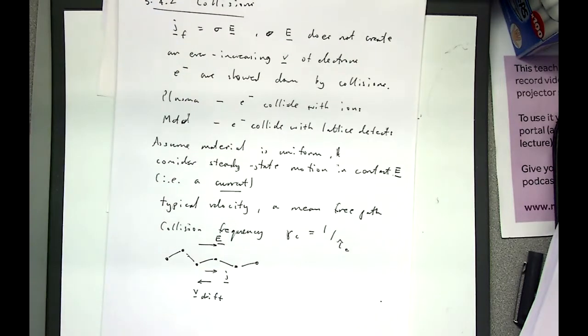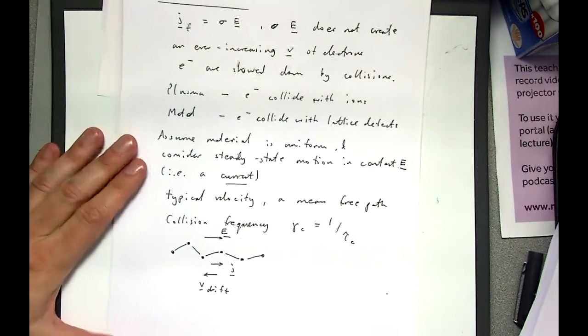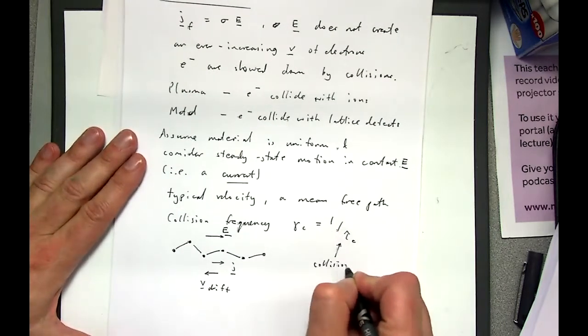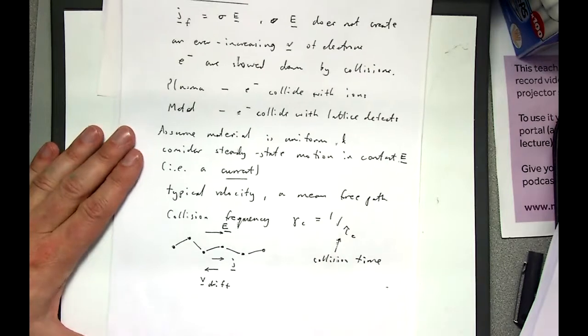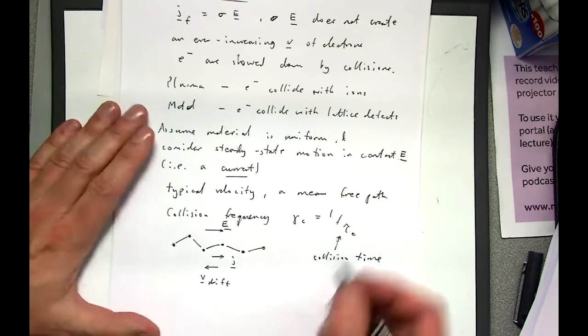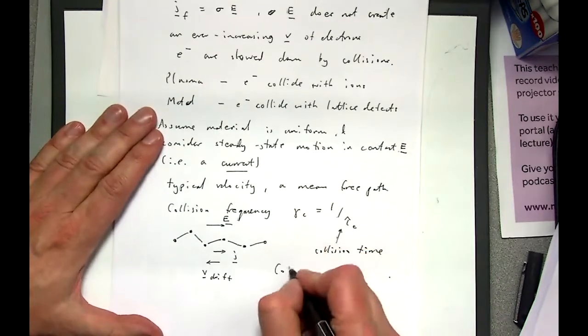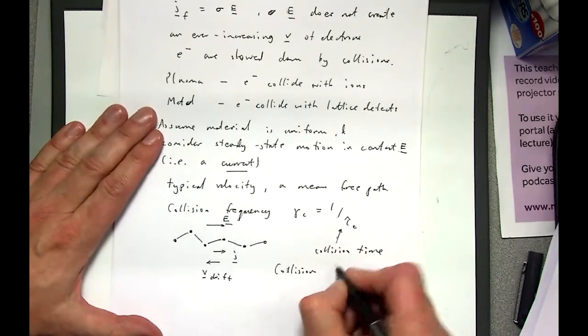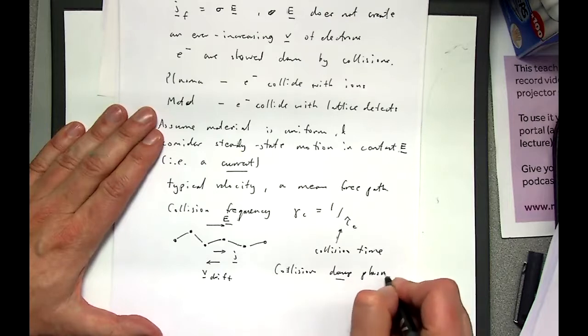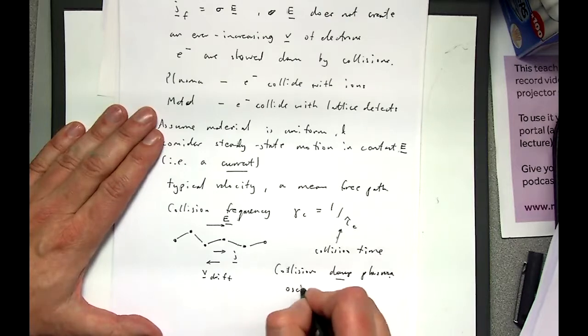And obviously we know that these collisions have some collision time, tau c. And these collisions are the kind of things that are damping the plasma oscillations. So these two phenomena must be related. Collisions damp plasma oscillations. So that's the kind of phenomenon that we're seeking to explain now.